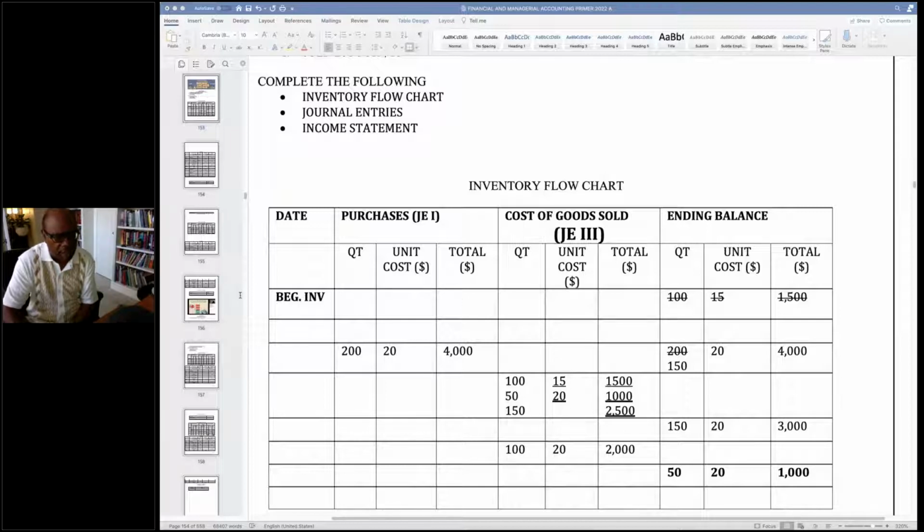What we'll learn eventually is that a lot of the journal entries repeat, so rather than having a separate journal for FIFO, LIFO, and weighted average, I just put it all in one journal. You'll see that will save you a lot of work. But all you're concerned with now is the FIFO columns, your FIFO inventory chart. You don't have to worry about the LIFO and the weighted average ones.